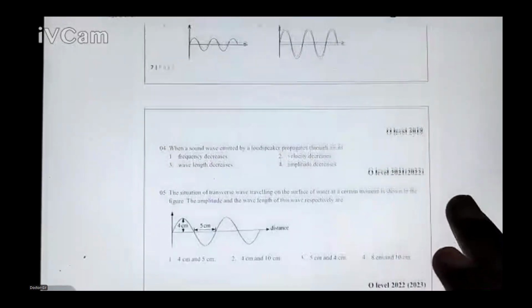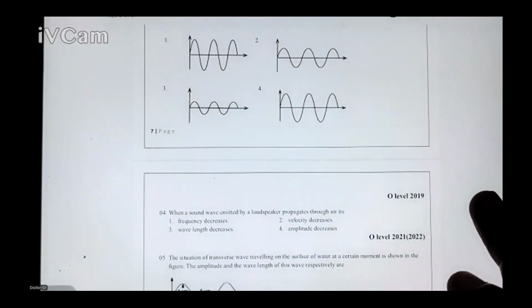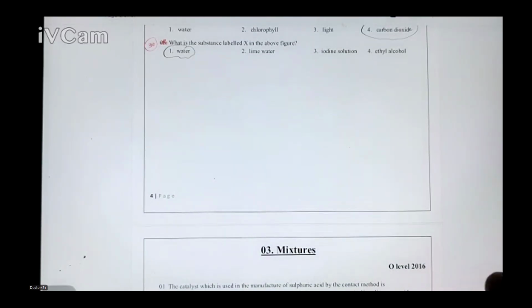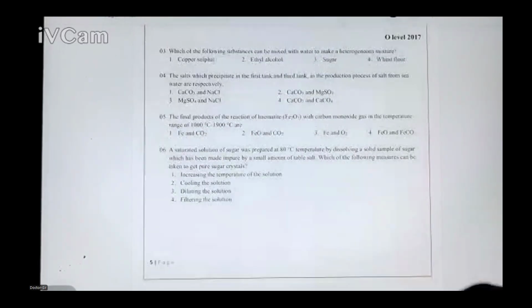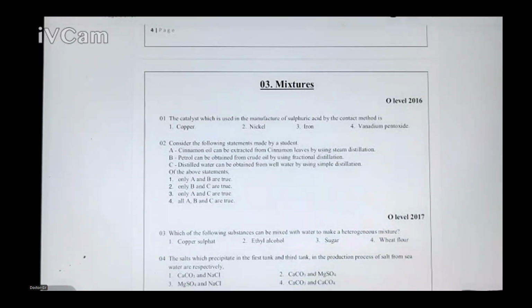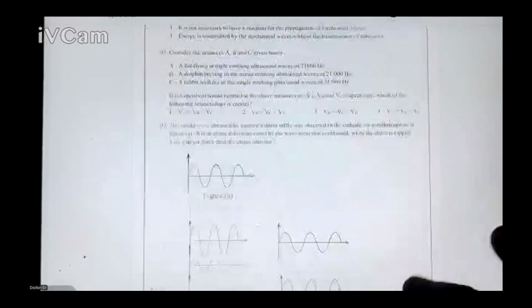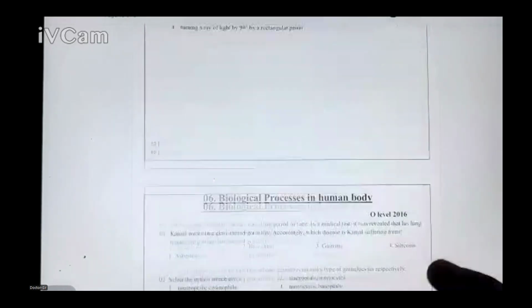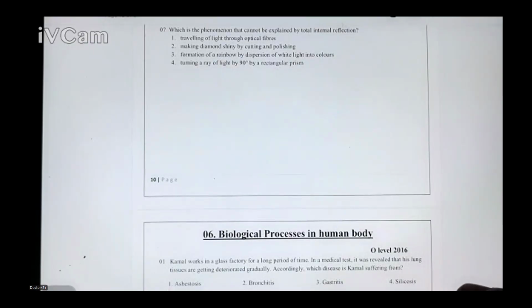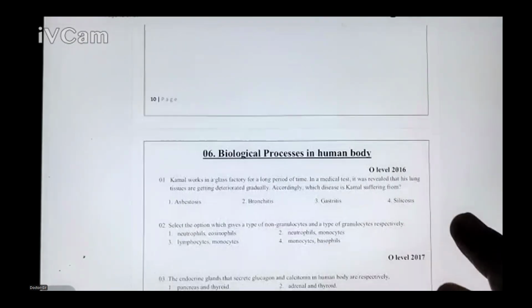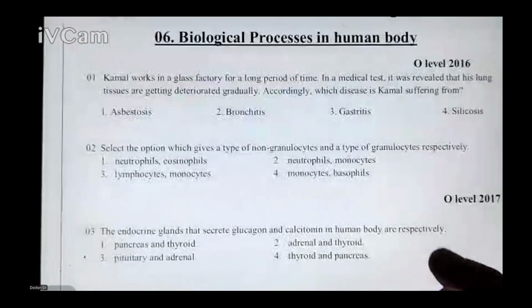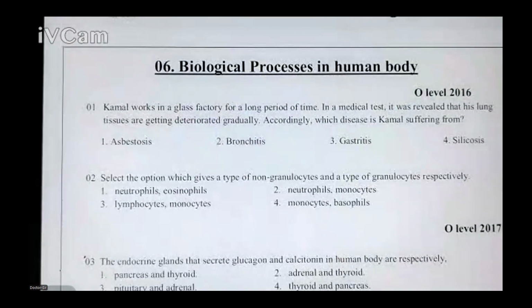We will try to do as many questions as possible. Shall we go by the order, or whatever order you need? Okay, shall we go through human biological processes, then we will come to the mixtures.